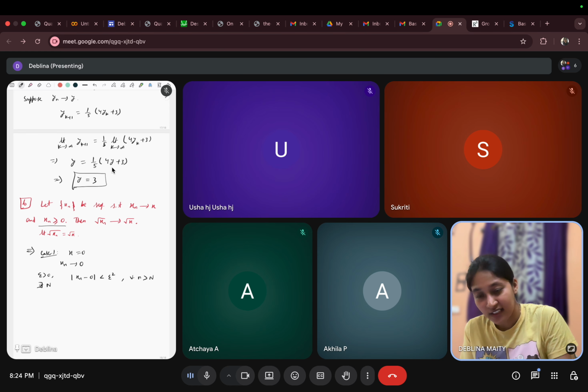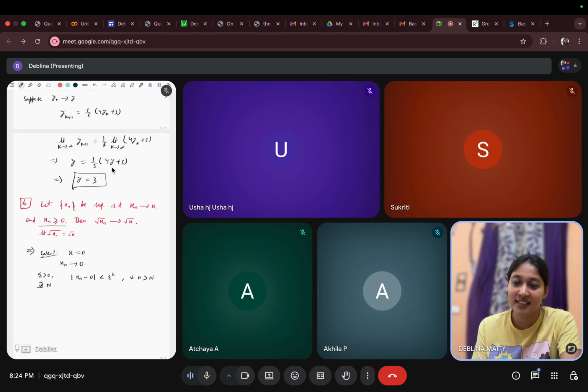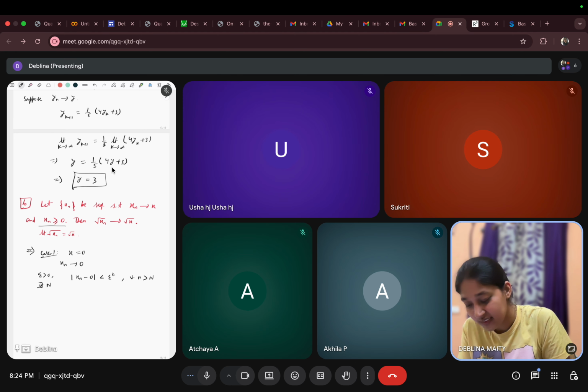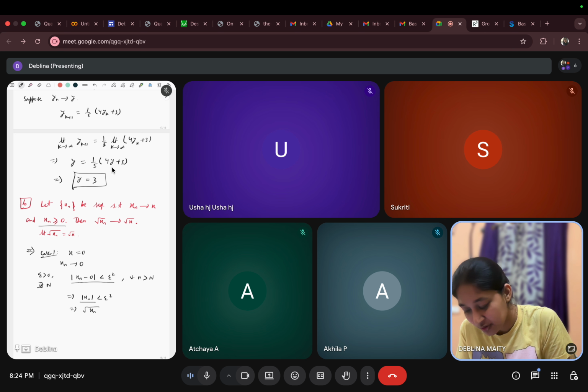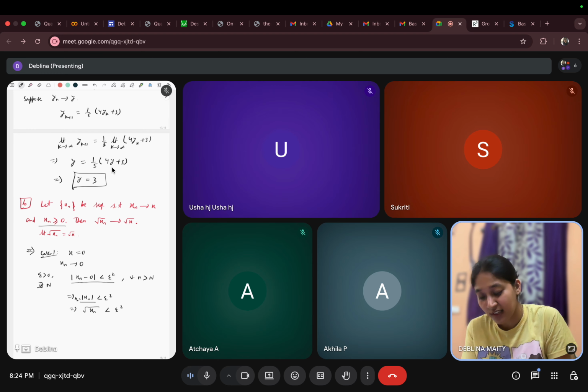Epsilon squared is less than epsilon, so this is also going to be true since this converges to 0. So this means mod xn is less than epsilon squared. Since all the xn's are positive, root over xn is a positive term, so this is nothing but xn. So root over xn is also less than epsilon.